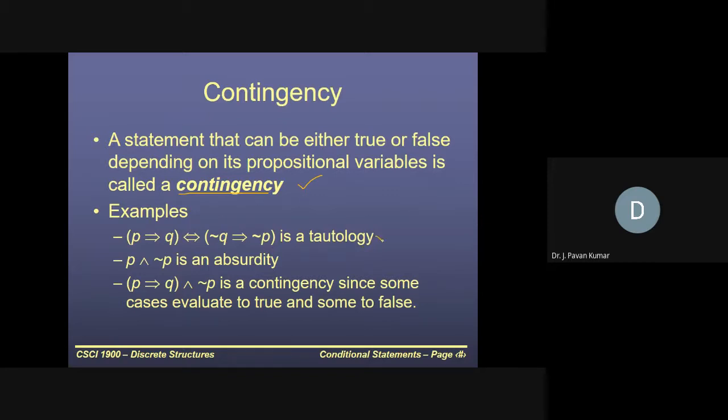This is one of the examples for tautology. And P and negation P, which we have seen earlier, that is absurdity, that is nothing but contradiction. And this you can consider as contingency. Why? Because it is not a tautology, it is not a contradiction or absurdity. That's why it can be considered as contingency.